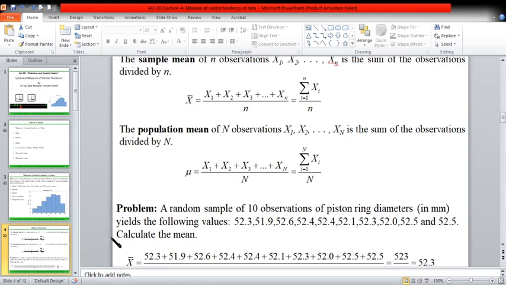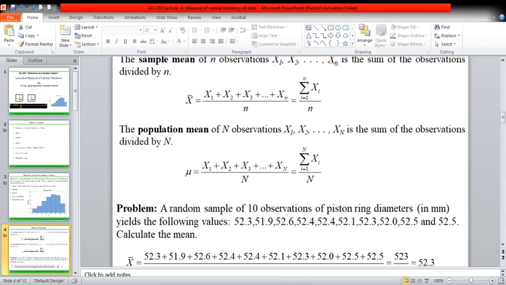That would be the mode of your data. Since there is one mode, you call it a unimodal distribution. If your distribution looks like this, with this value occurring this many times and this value occurring this many times, it has not one mode but two modes. Such a distribution is called a bimodal distribution.